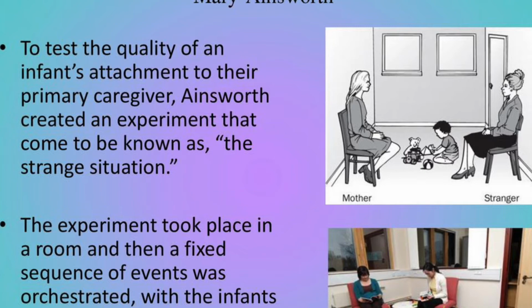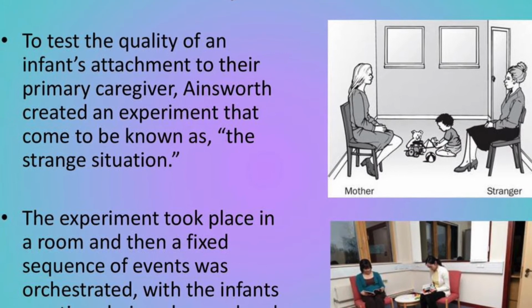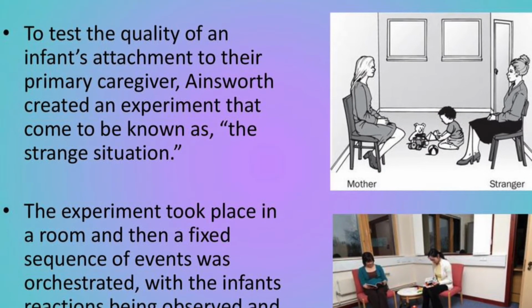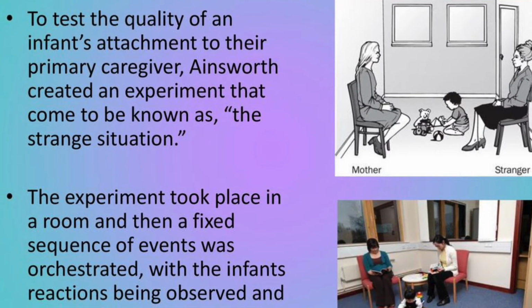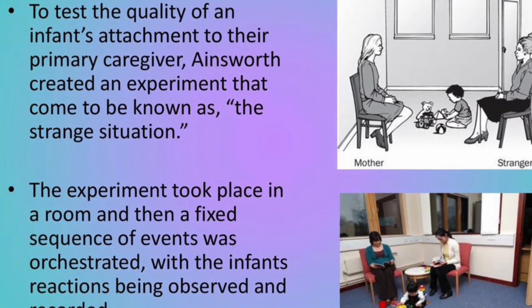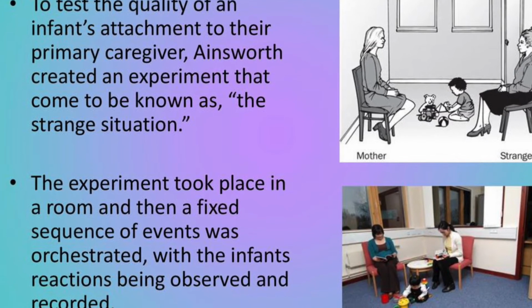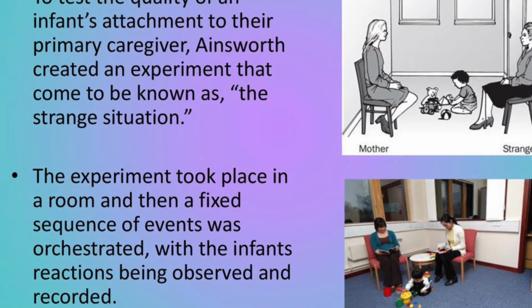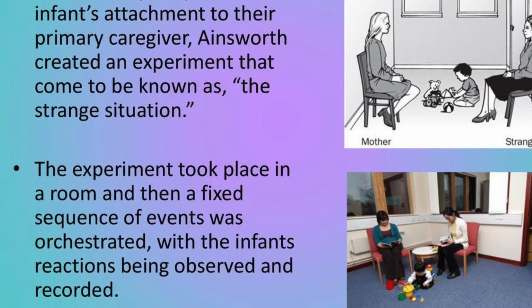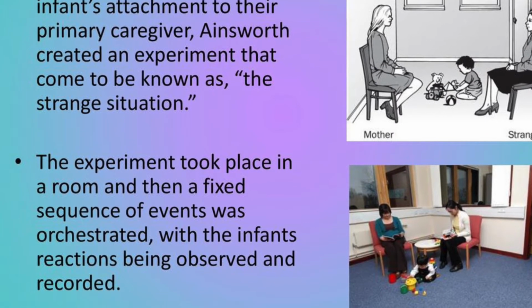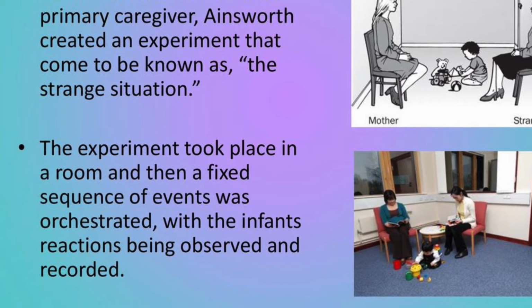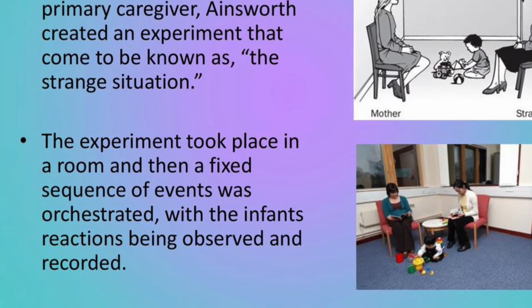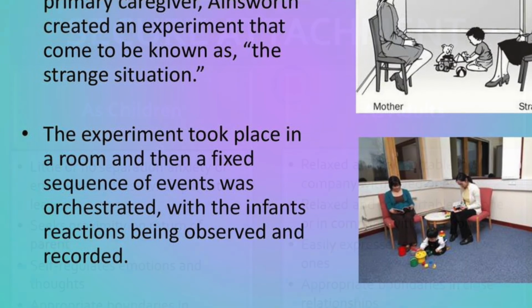After a while, a stranger will enter the room and talk with the mother. Then the stranger will shift attention to the child, and once that happens, the mother will sneak away, because the child is distracted by the stranger, and the child is left alone with the stranger to see their reaction. And then after that, the mother will come back.